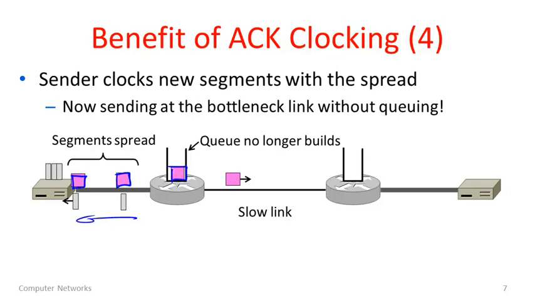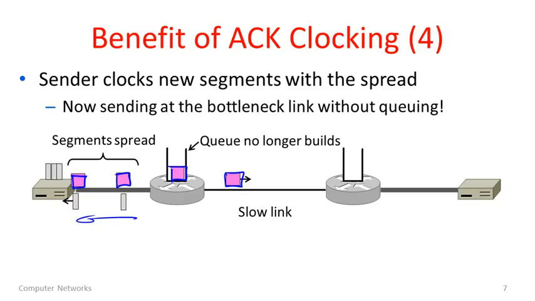Now the amazing thing about this is that the segments are now being sent at just the right rate to go over the bottleneck link. They're going to fit, because the timing came from the bottleneck link, so it's right. A new packet should arrive at the gateway, if there's not a lot of other interference from other flows, at roughly the right time that it can be sent out onto that link.